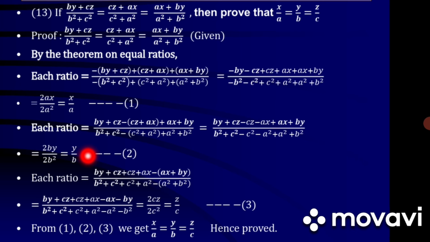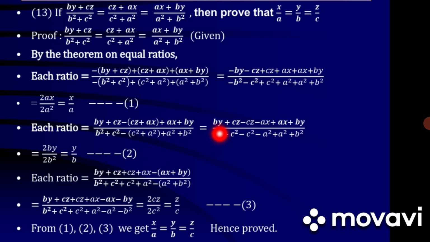In the second case, we want y upon b. Therefore, each ratio is equal to by plus cz minus of cz plus ax plus by upon b square plus c square minus of c square plus a square plus b square.